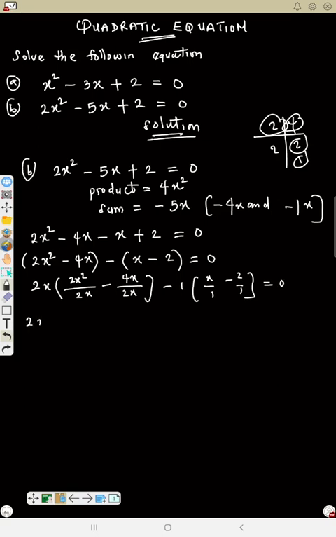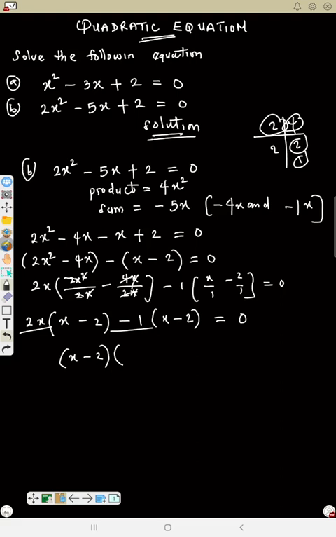So 2 will cancel out, then x remains, so x minus 2 minus 1 into bracket x minus 2 equals to 0. Now this and this look alike, so we take 1, and I'll take x minus 2 and the outside one, 2x minus 1, equals 0.